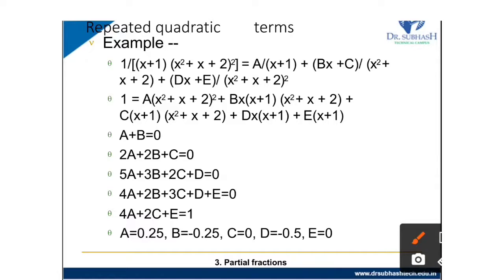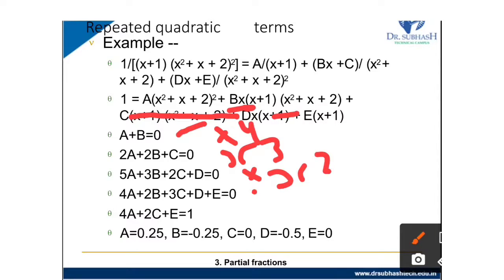The first term, we will get a x raised to 4 plus b x raised to 4, so it is a plus b equal to 0. Likewise, this is for x raised to 4, this is x cube, this is x square, this is x and this is the constant. Here there is no term of x on the left, so x raised to 4, x cube, x square and x are all equal to 0.